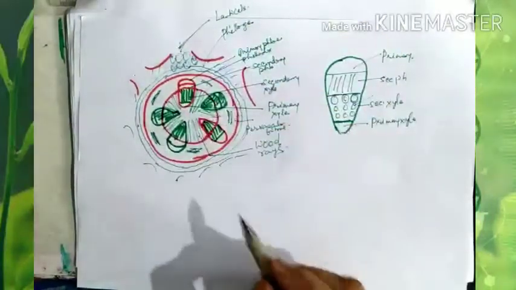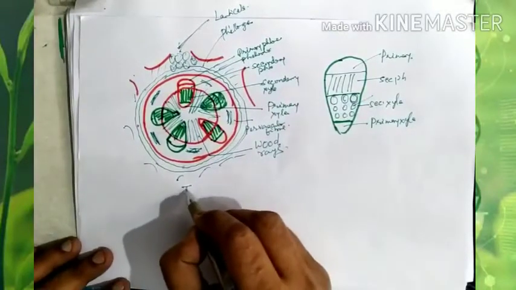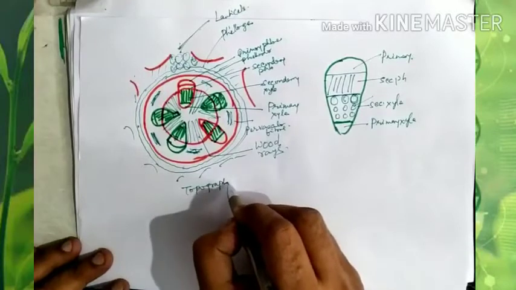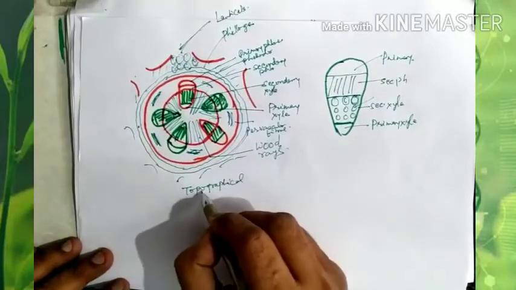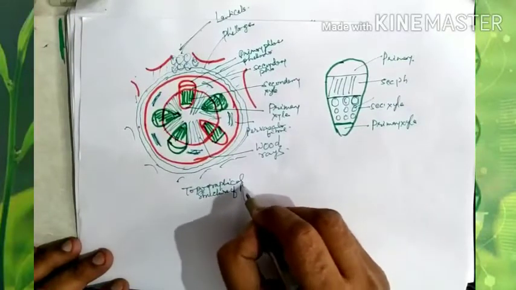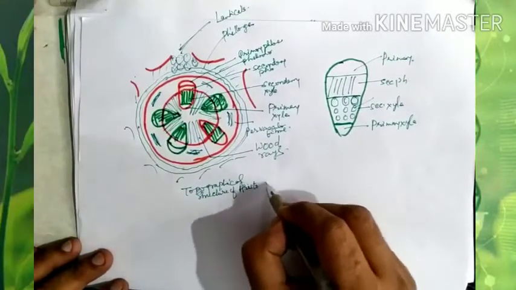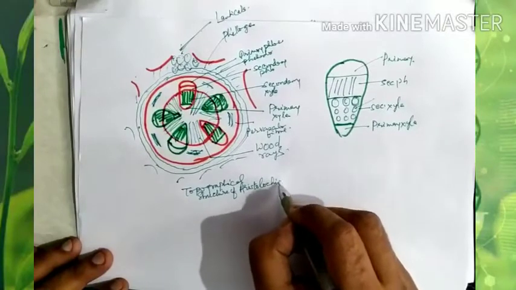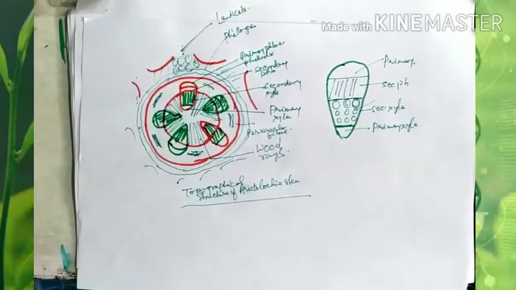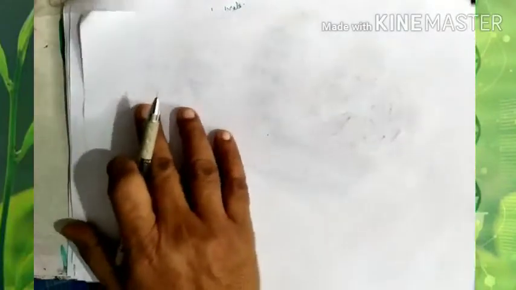So this is the topographical structure of the Aristolochia stem.